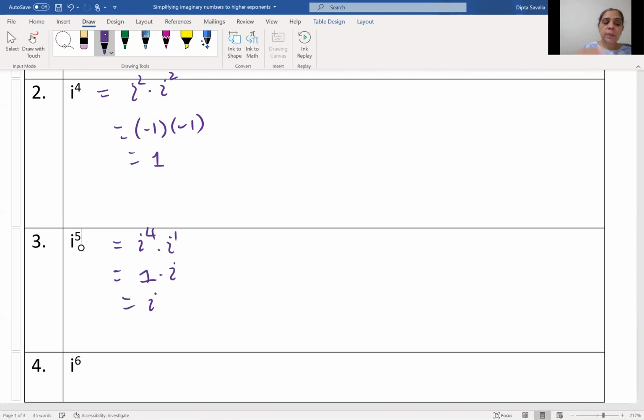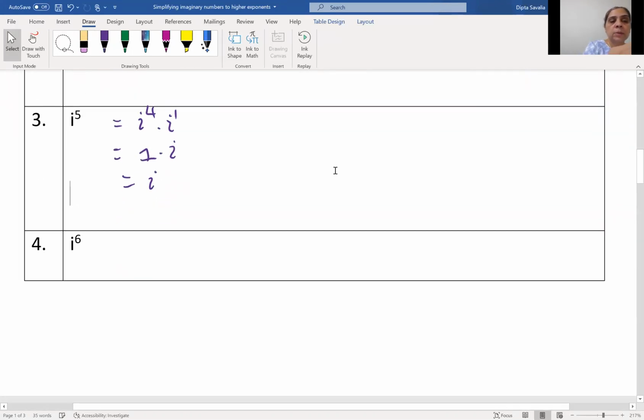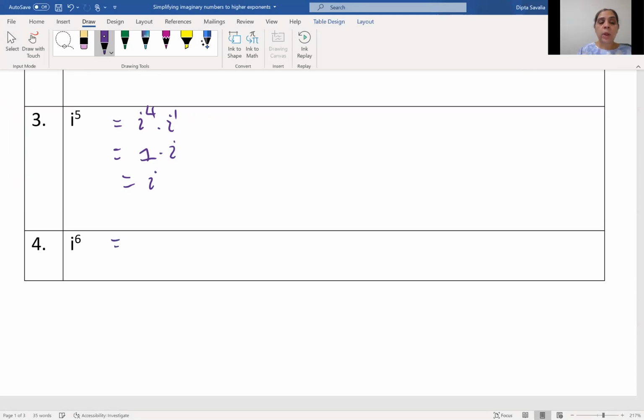So now you will see the pattern after this, like i to the sixth power. We knew i to the fourth power is 1, and so we can write i to the fourth power times i squared. i to the fourth power is 1, i squared is -1, so you will get -1.